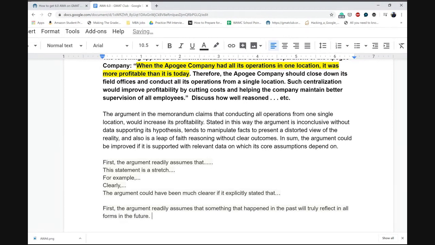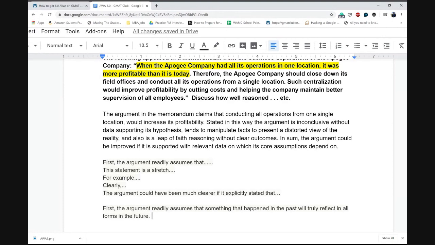Well, because this whole operations in one location was in the past and that has been more profitable, right? But that doesn't mean it will be very profitable today. And it also depends on how you really define profitability, right?